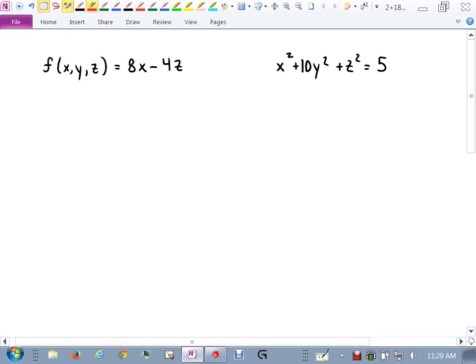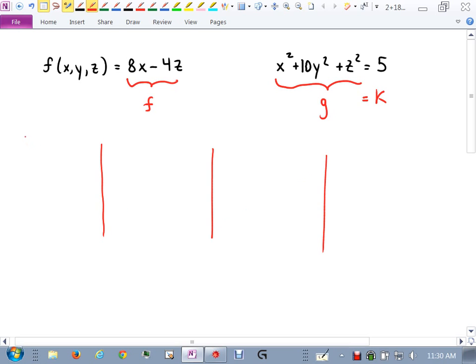We've got g right here. That's our g equals some constant k. Our f function is here. So we need to figure out these four equations. I need the partial of f with respect to x to be equal to lambda times the partial of g with respect to x. Is this kind of ringing a bell now that I'm writing this out? Okay. Those are the four equations.